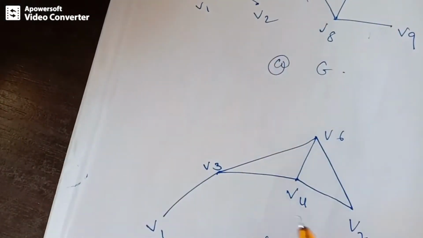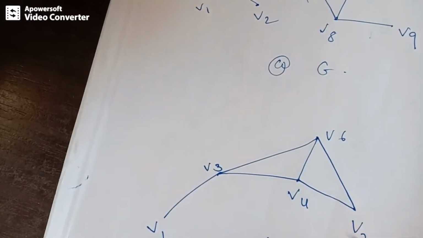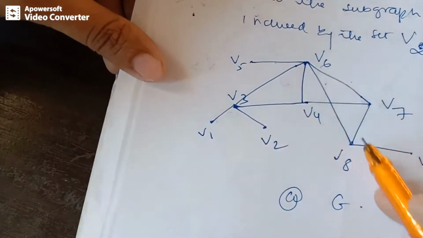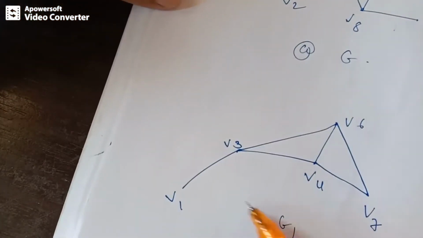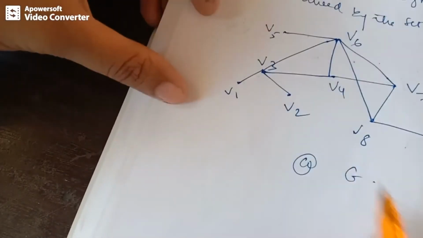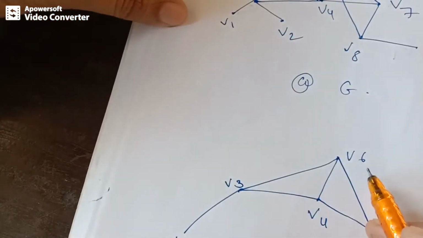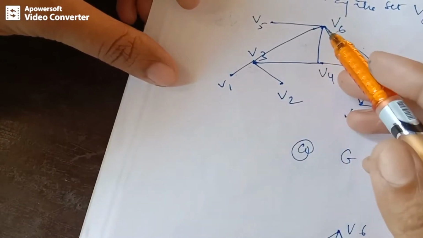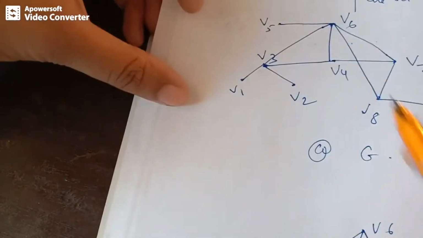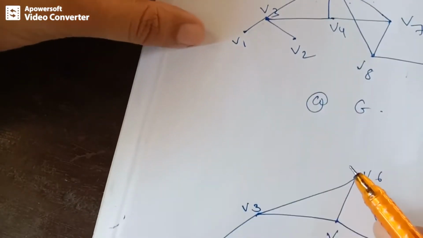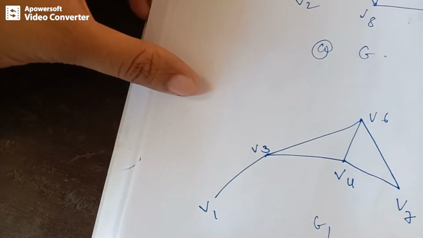Obviously, you can observe that graph G1 consists of these vertices V1, V3, V6, V4, V7. Likewise, it is the same as in graph G, right? And you can observe the end vertices V1 to V3, there is an edge here also, it's the same. Again, V3 to V6, there is an edge, the same in graph G, and V3 to V4, V4 to V7, and V7 to V6. So this is the same. So it is definitely a subgraph.